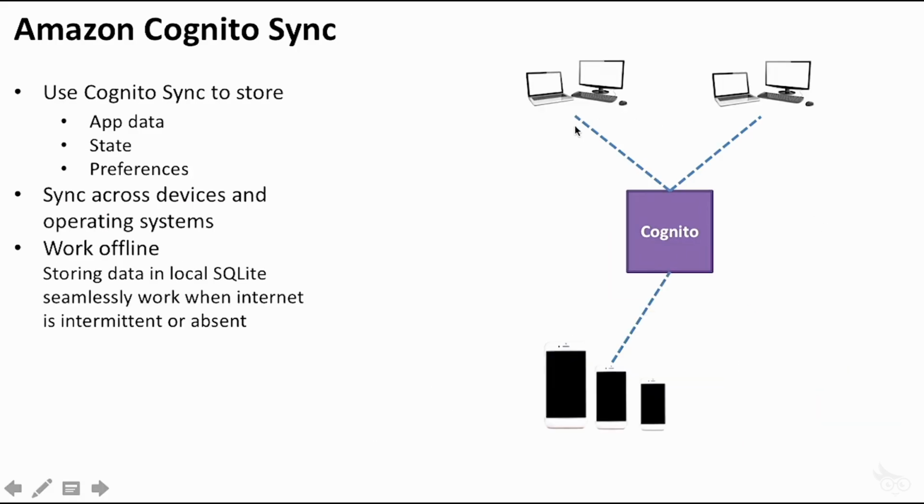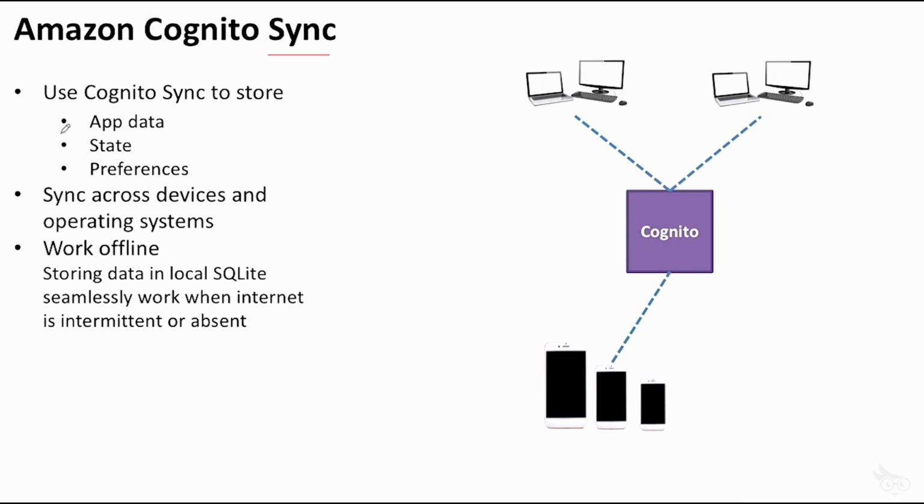Another really powerful feature of Amazon Cognito is Amazon Cognito Sync. This is a tool that allows us to sync data between various applications and platforms.